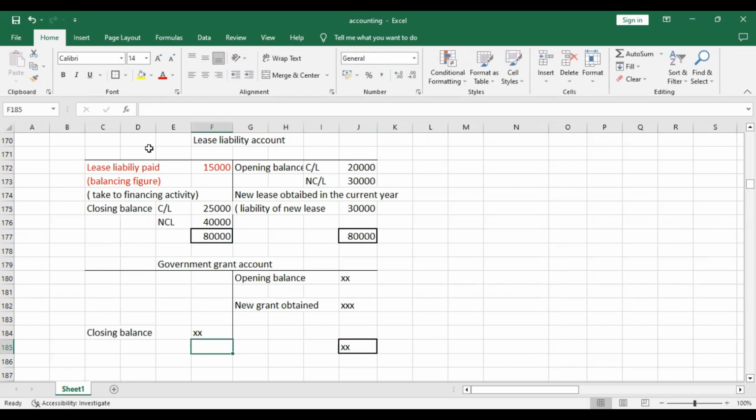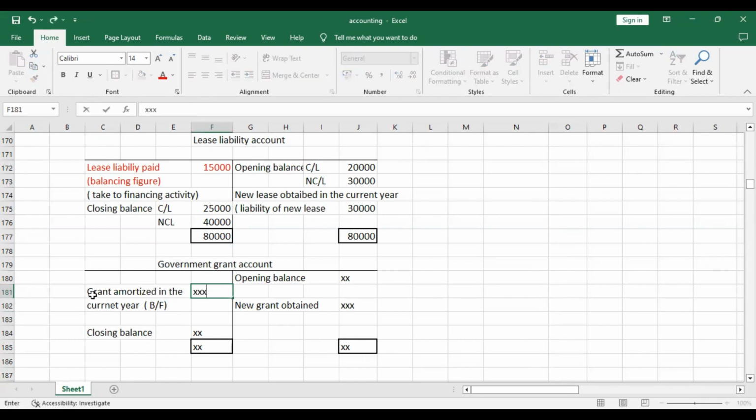Any of these figures can be a balancing figure. The grant amortized in the current year, that will be the balancing figure.